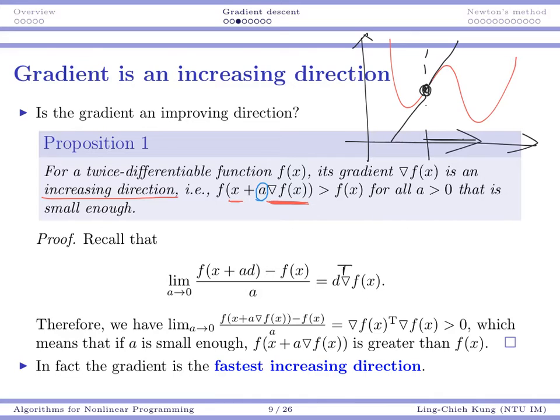Then it concludes that if we move along the gradient and do not move too far, then we are guaranteed to increase. In fact, it's very easy to show that the gradient is not only an increasing direction. Actually, among all those increasing directions, the gradient is the fastest increasing direction.